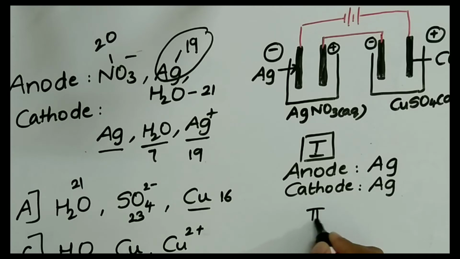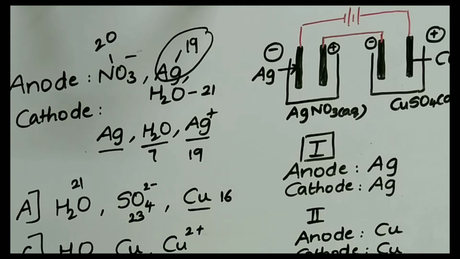So in the second cell at anode, copper is the product. Check for cathode product: water 7 number, that is reduction water, we will take at cathode, copper 16. Correct. So at cathode we take the bigger number, 16 is the bigger number. So again at cathode the product is copper.